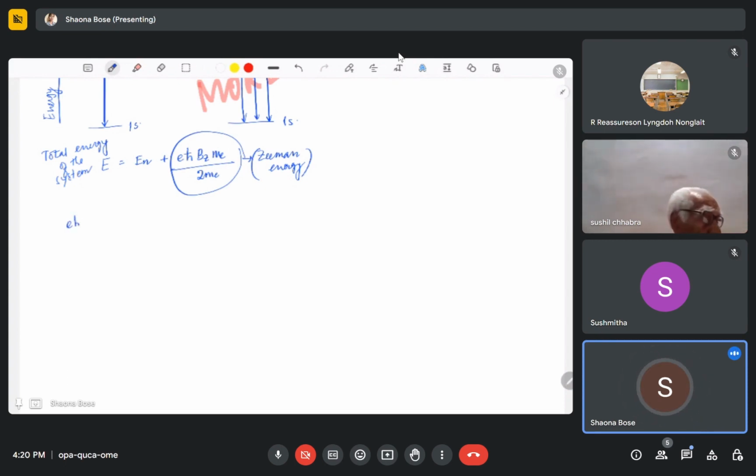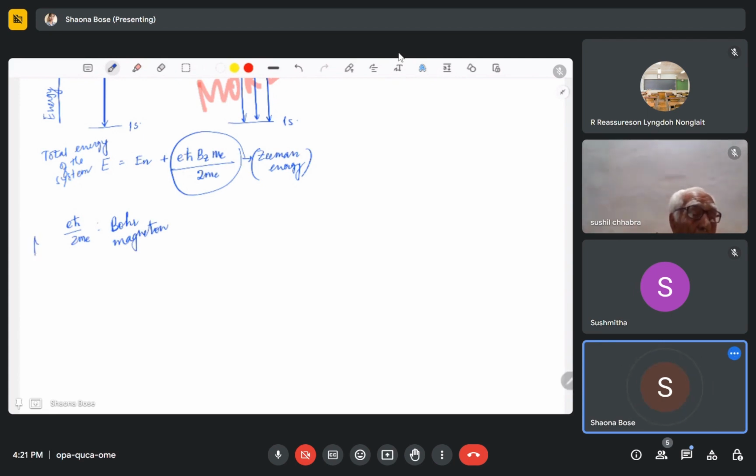Now you know this eħ by 2me, what is this called? The Bohr magneton.